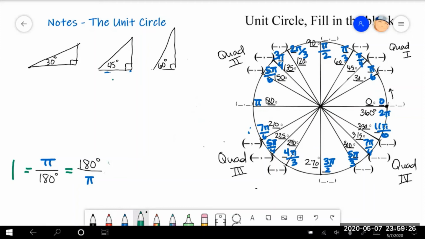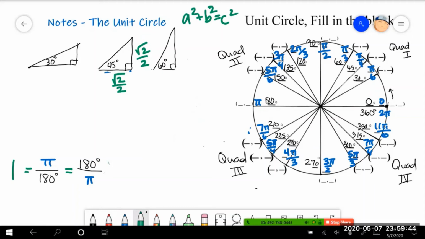The first was that we had root 2 over 2 for the 45-degree triangle. And the reason that works is because I'm sure many of you for Algebra 2 memorized this thing, our Pythagorean theorem.